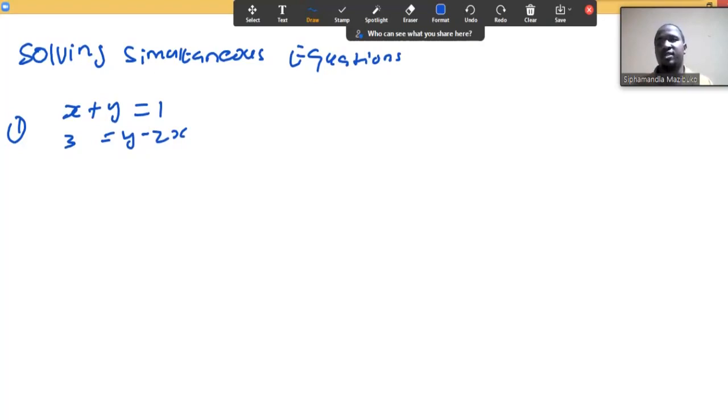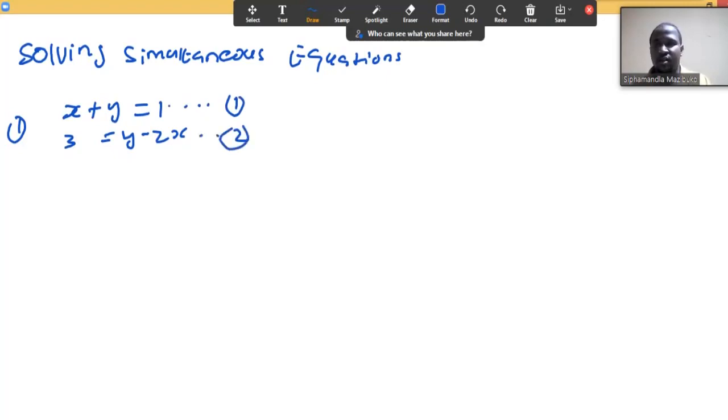The first step here is to rearrange the equation such that you have x equal to something or you have y equal to something. From this first equation, we can call this our equation 1 and this our equation 2.